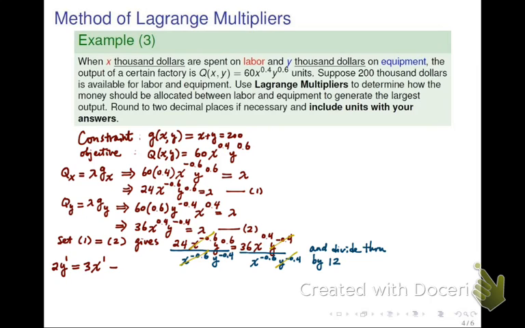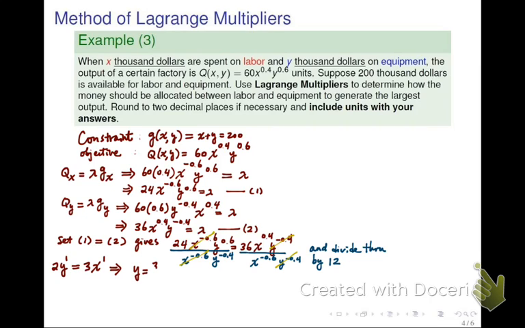So you take 0.6 minus the negative 0.4, that gives us 1. On the right hand side, when we take 36 and divide it by 12, we get 3, and y goes away. The x term, then we take the power on the x, which is 0.4, minus the negative 0.6 on the bottom, which also gives us 1.